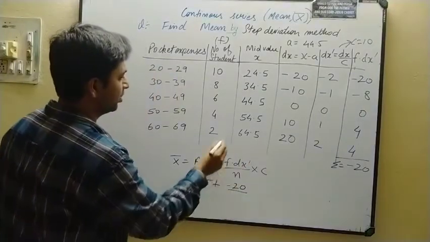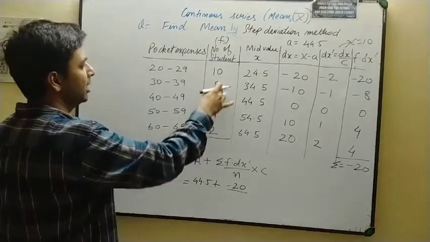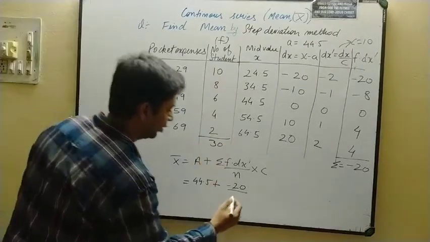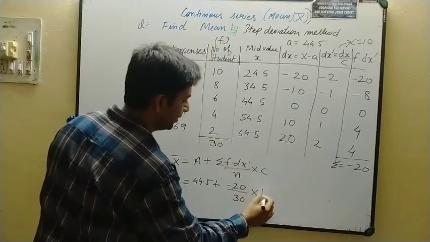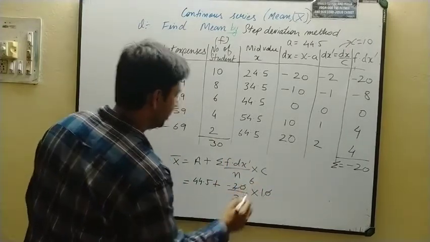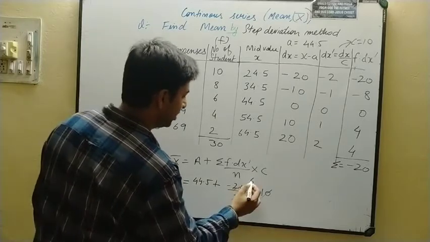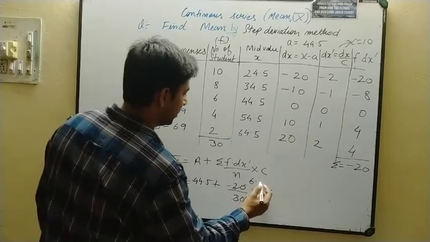Then what is n? We have not calculated n yet. Let us calculate. So this will be 30. Into c, what is c? c was 10. Now 3 sixes are 18, then 20 remaining, 18 to 20 again, 3 sixes are 18.